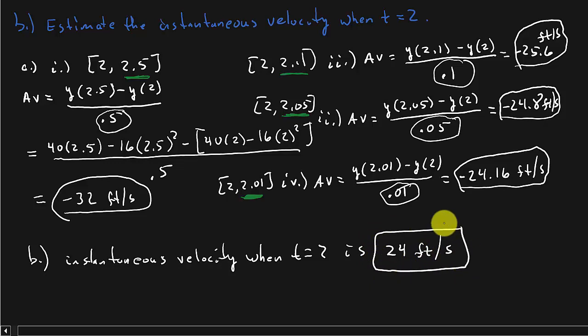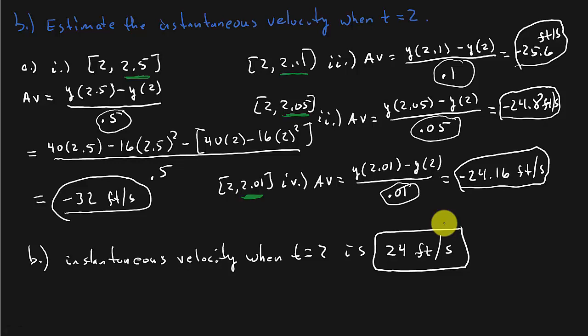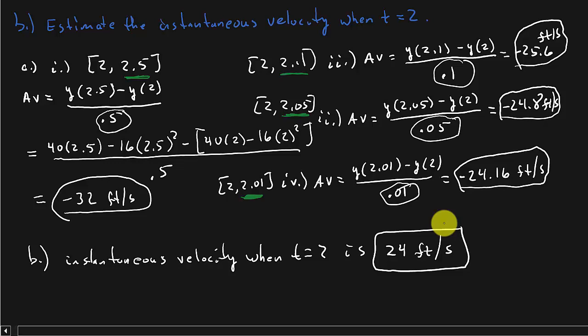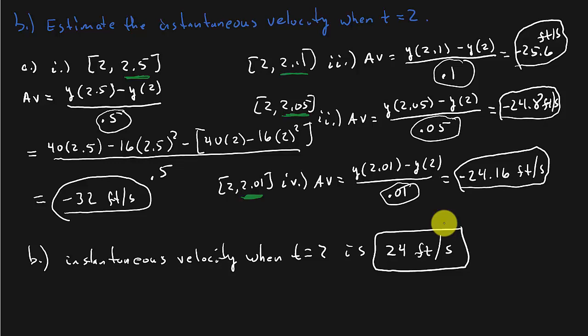Okay, so yeah, that's quite a bit of work to get all this, but hopefully it'll get you an understanding or an idea of limits. Okay, and like I said, later on in your calculus class, you're going to learn an easier way to do this.